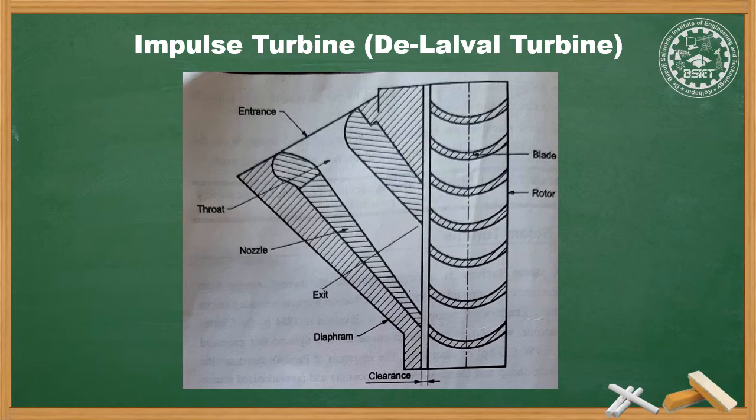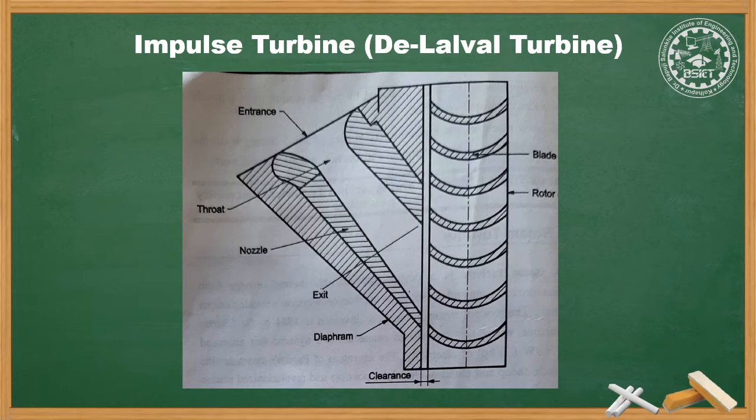In impulse turbine, the power is developed by the impulsive force of high velocity steam jet, which contains significant kinetic energy, which is converted into shaft rotation by bucket like shaped rotor blades as the steam jet changes direction.